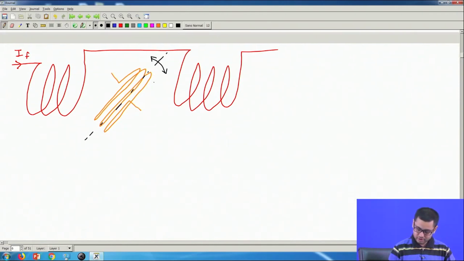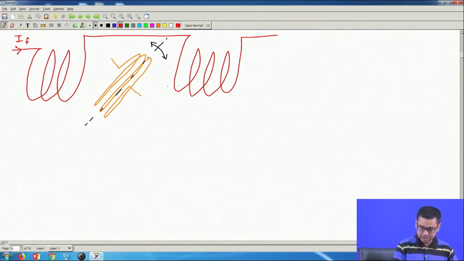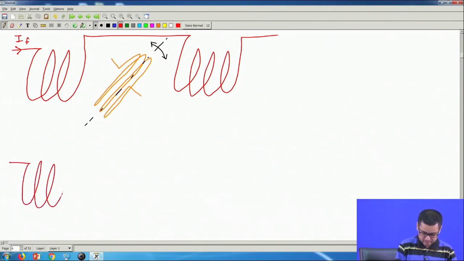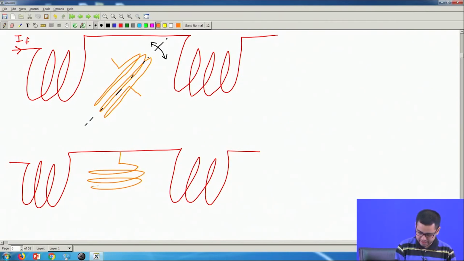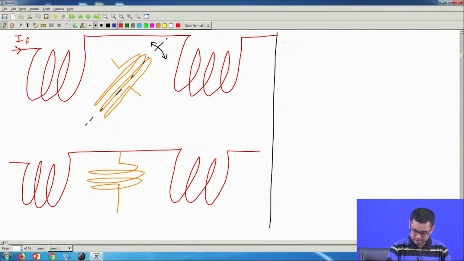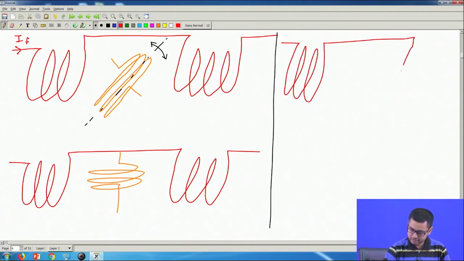Therefore, we can have different situations, like this is one situation, we can have another situation where the moving coil is like this, or another situation where the moving coil is like this.